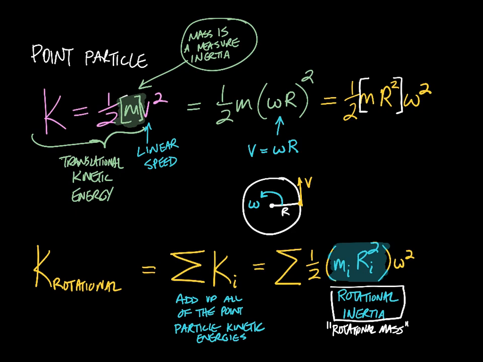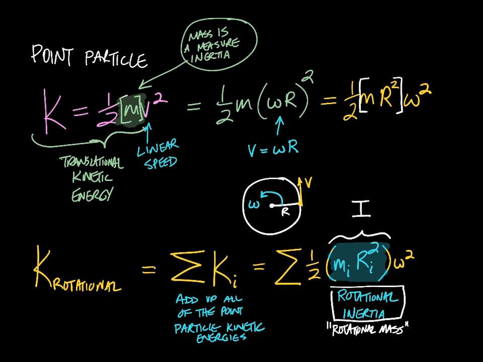And we like to give it the letter I, capital I. So when things are going roundy, our factors of m for mass are buried within the rotational inertia, which we call capital I.